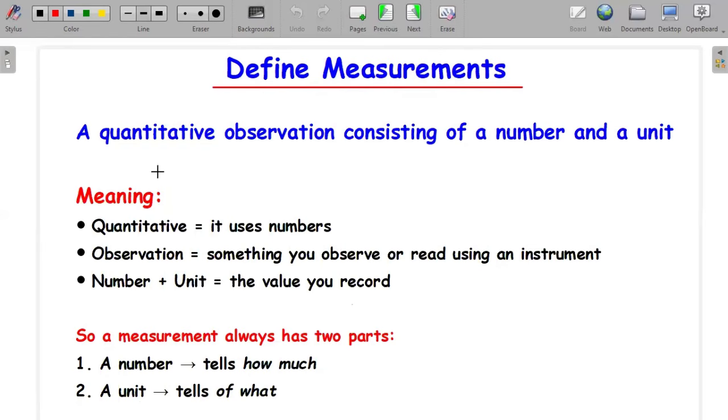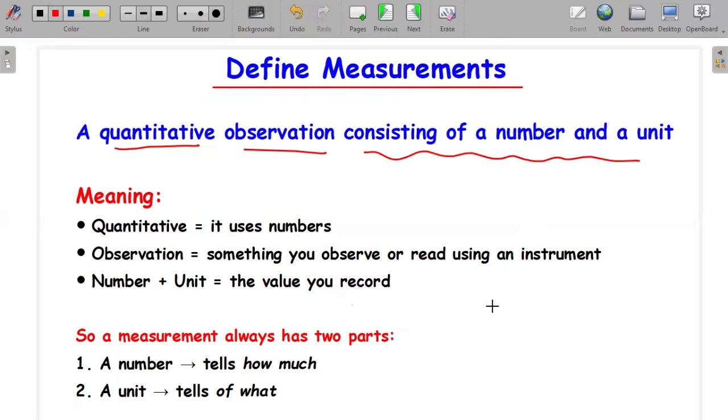The word quantitative here means that in these measurements, we actually use numbers. And observation simply means something you can observe or something you can read using an instrument. If there's a quantity or a quality that you can read or observe, then that's an observation. Then this quantitative observation should consist of a number and a unit.